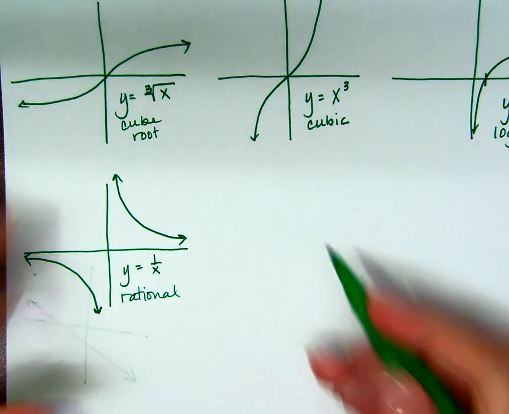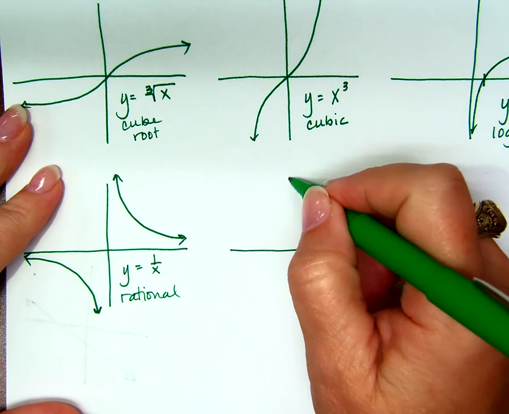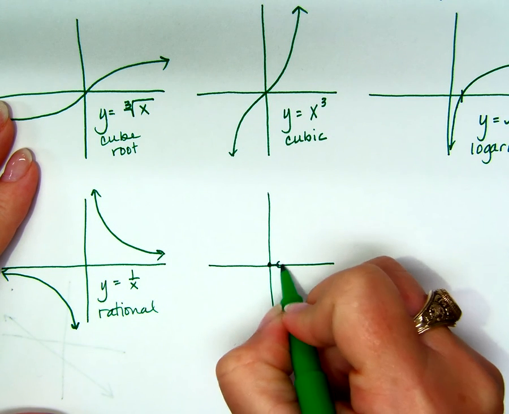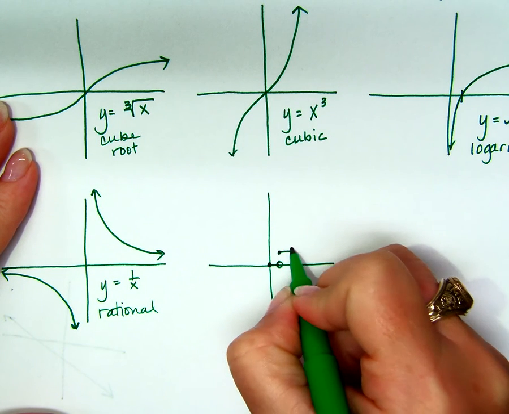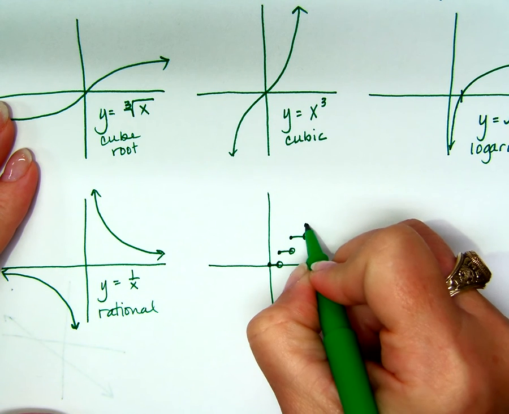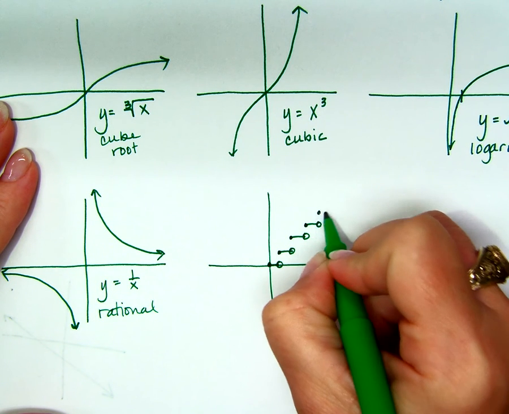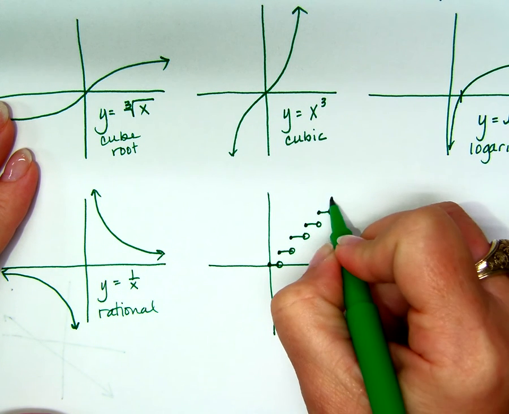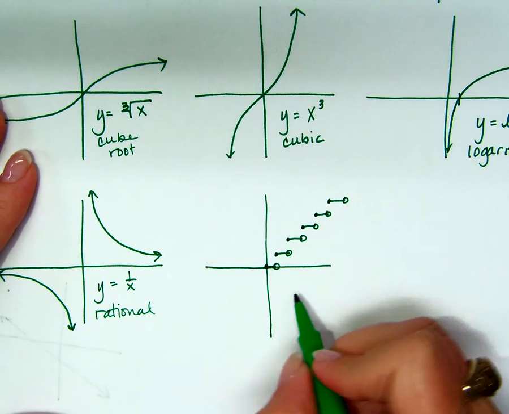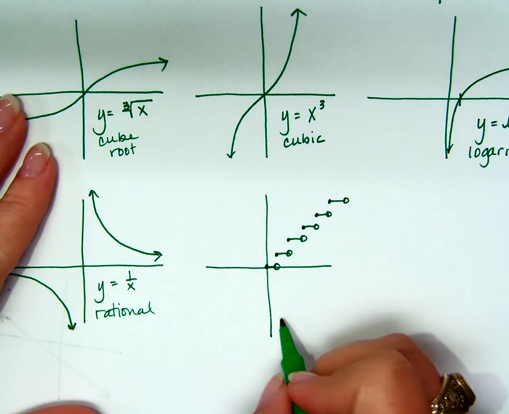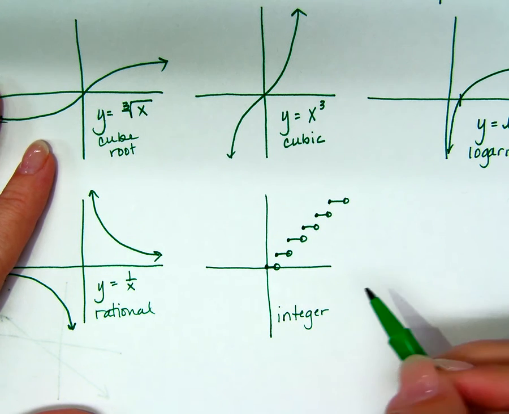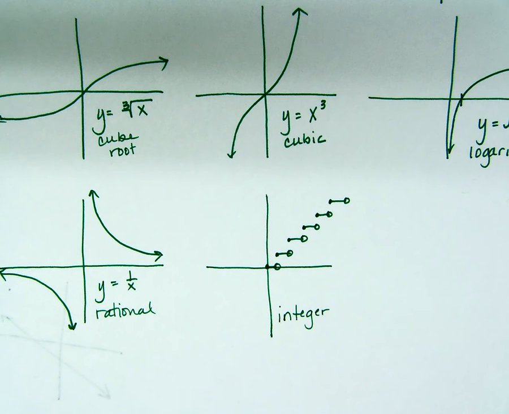I know that there's this one that you're going to need to be able to know. It is a piecewise function, yes, absolutely, but it's an integer function. Let me see how they want me to write the equation.